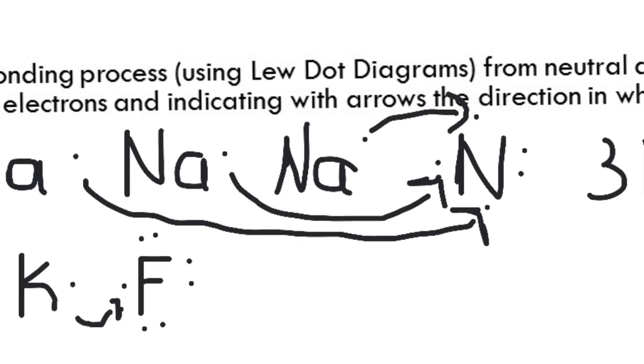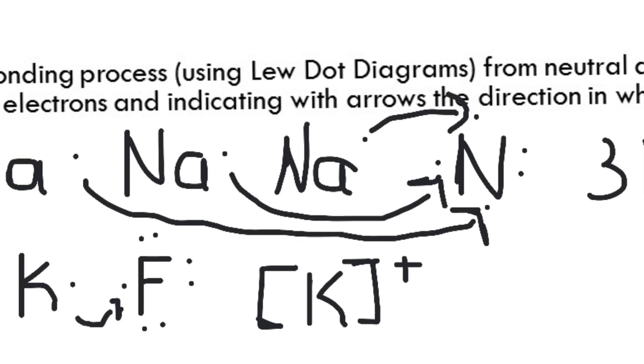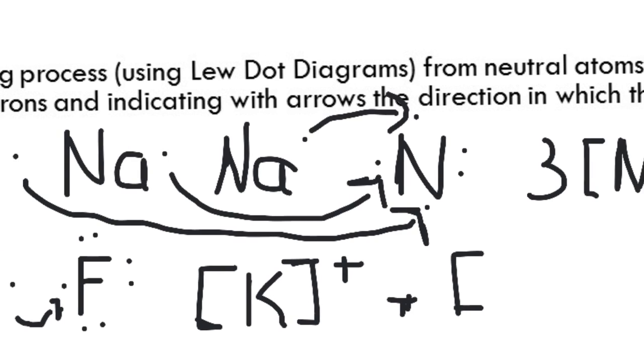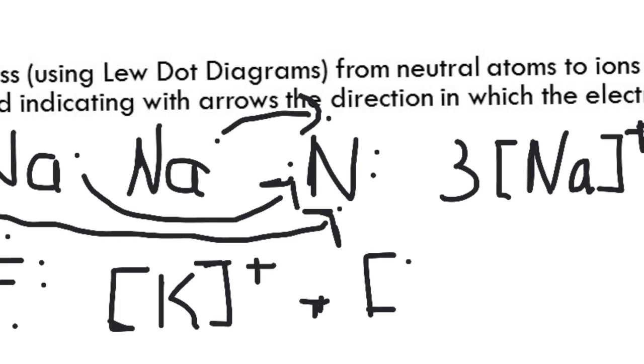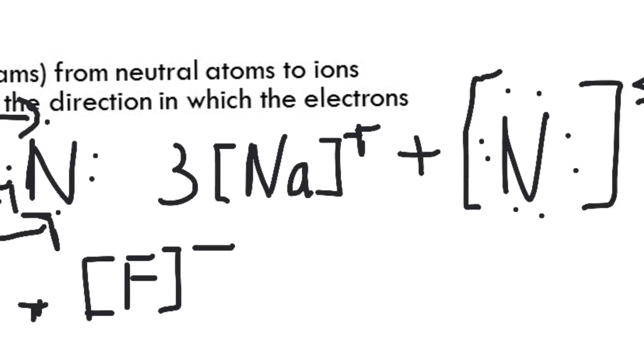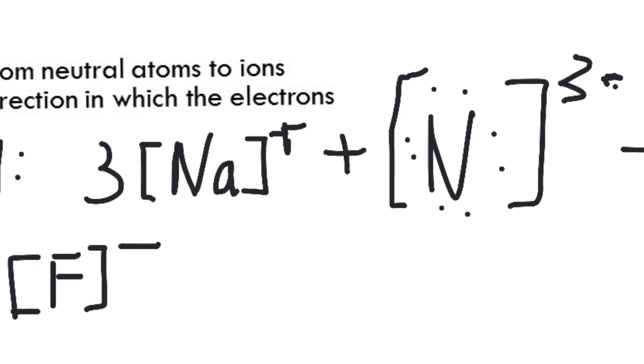So our potassium will end up being positive, and the fluorine will end up being negative. Which gives us a neutral compound of KF.